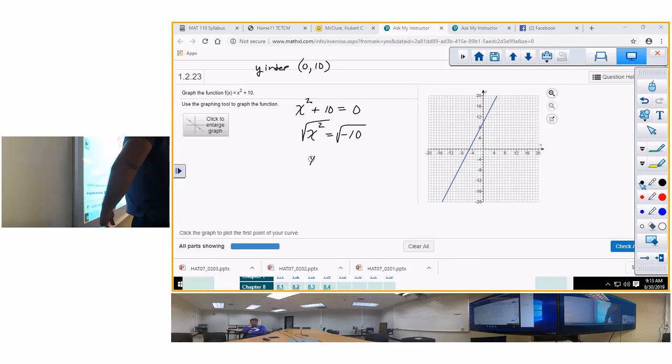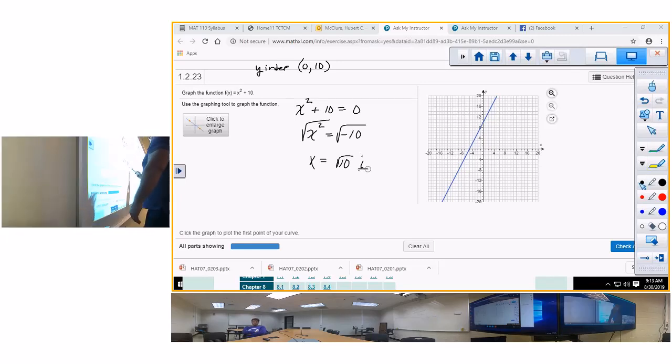I get x is equal to square root of 10 times i. And that right there tells us no x-intercepts, because you can't take the square root of a negative. So we don't have any x-intercepts.